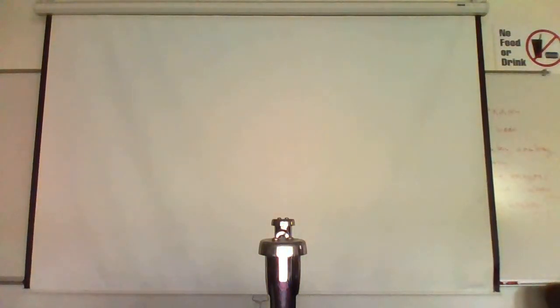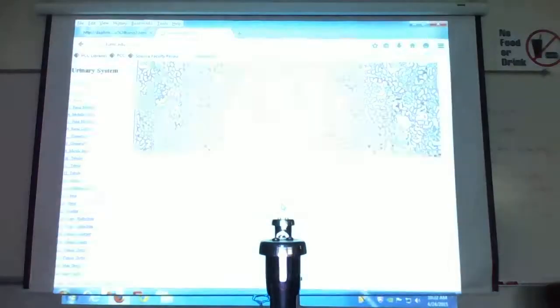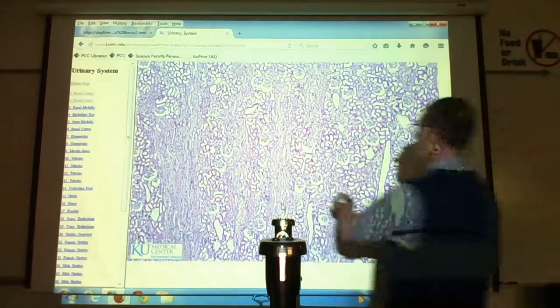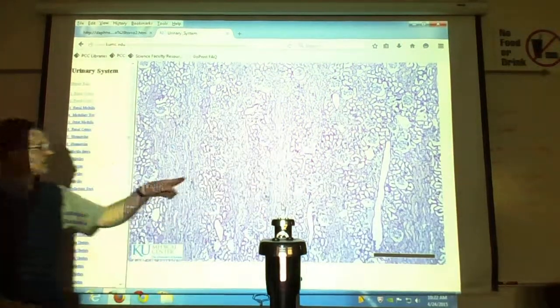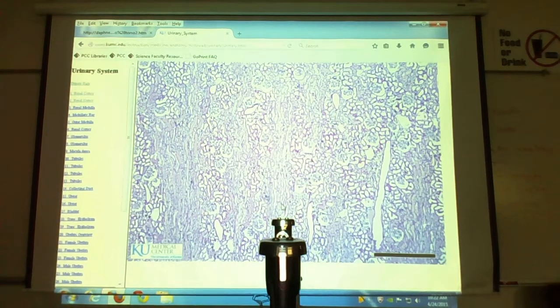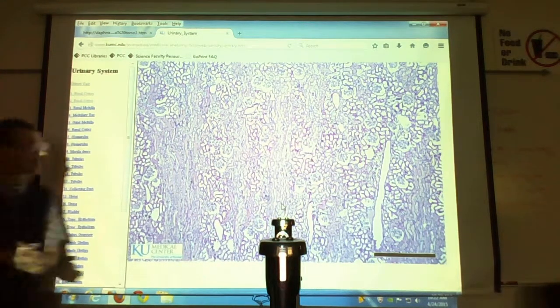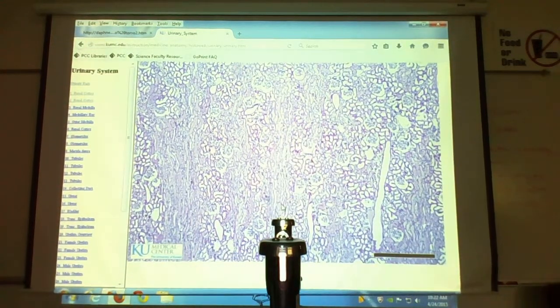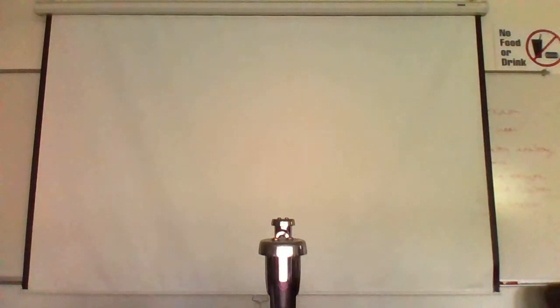So let's try that again. I show you this slide and say, what organ is this? You're going to say kidney. Then you're supposed to be able to identify the parts of a kidney on the slide. All right, Smarties, let's try this one.